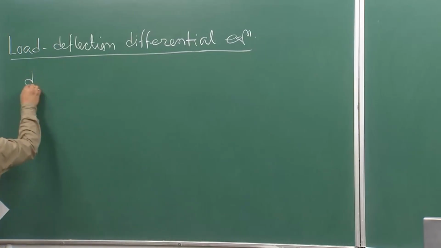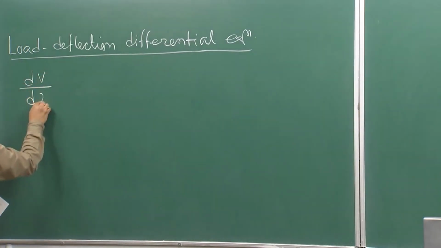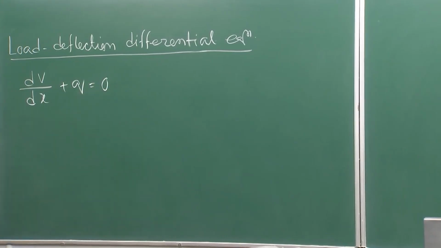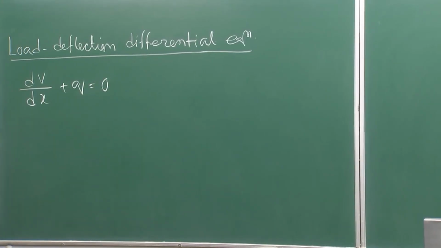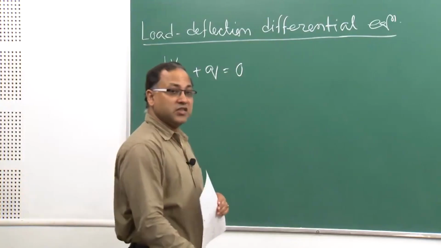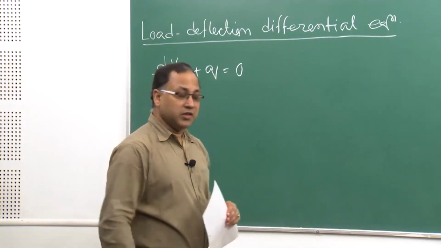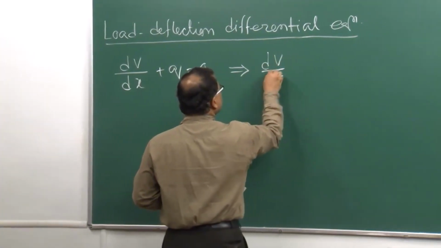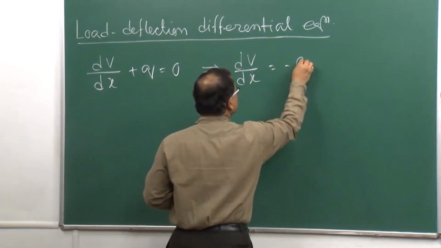As you know from our previous discussion, dV/dx plus q equals 0, where V is the shear force. We already saw that when we talked about the bending moment, shear force and the differential relation, right. So, from this I can simply write dV/dx equals minus q.